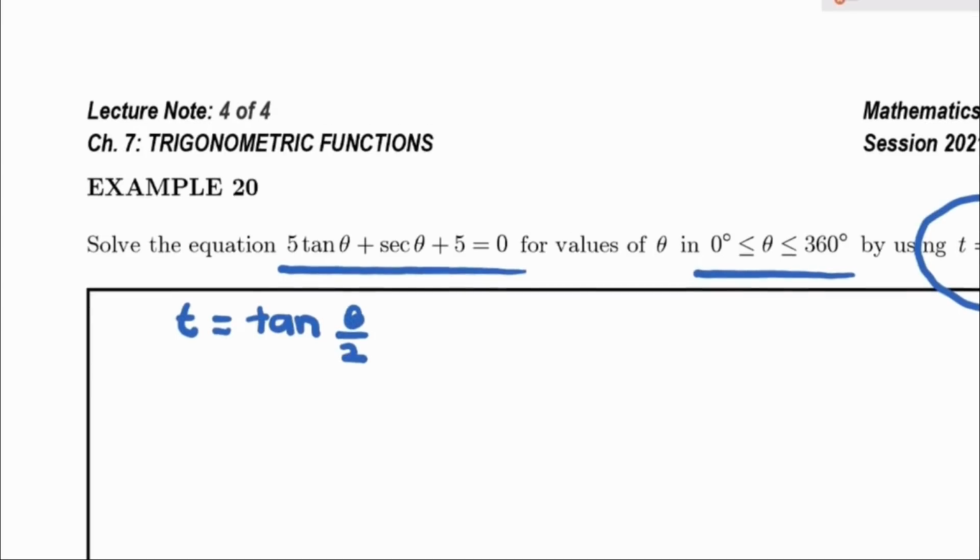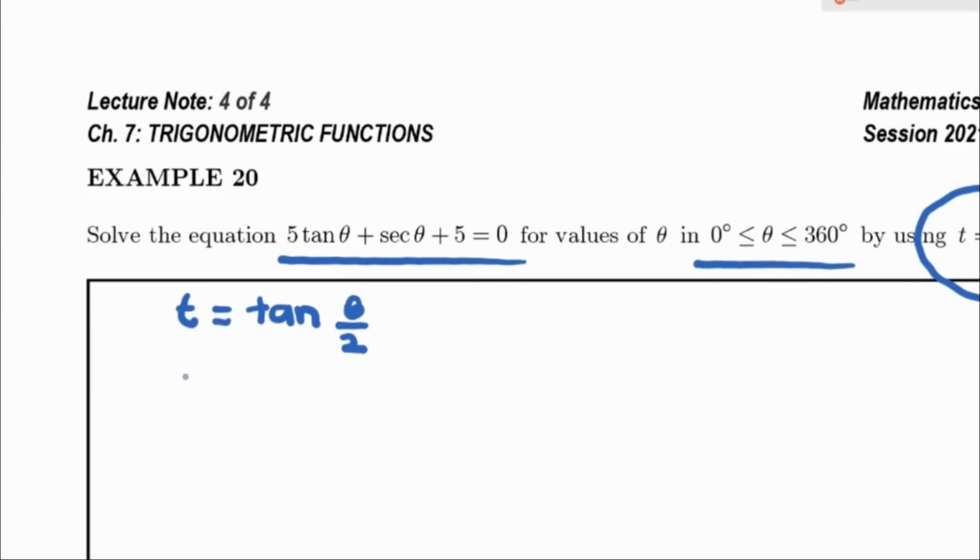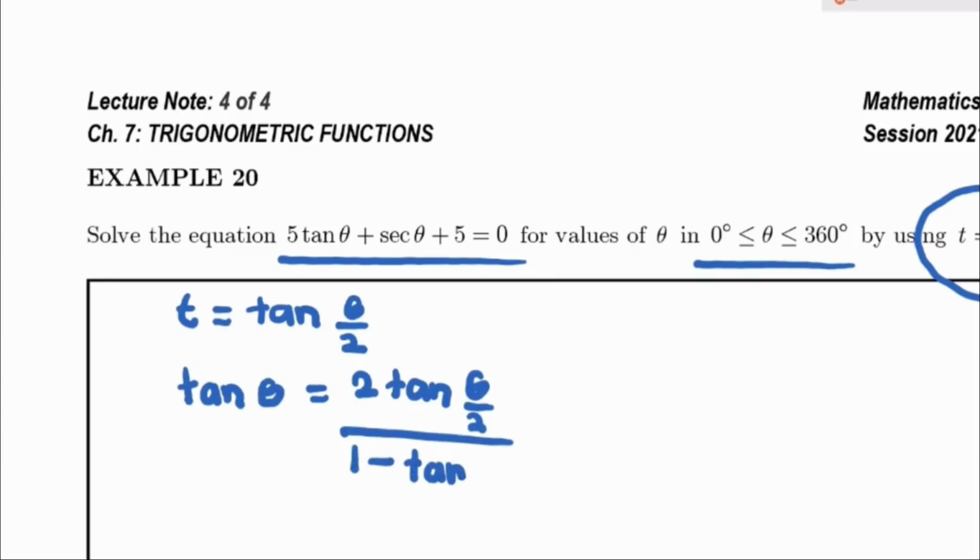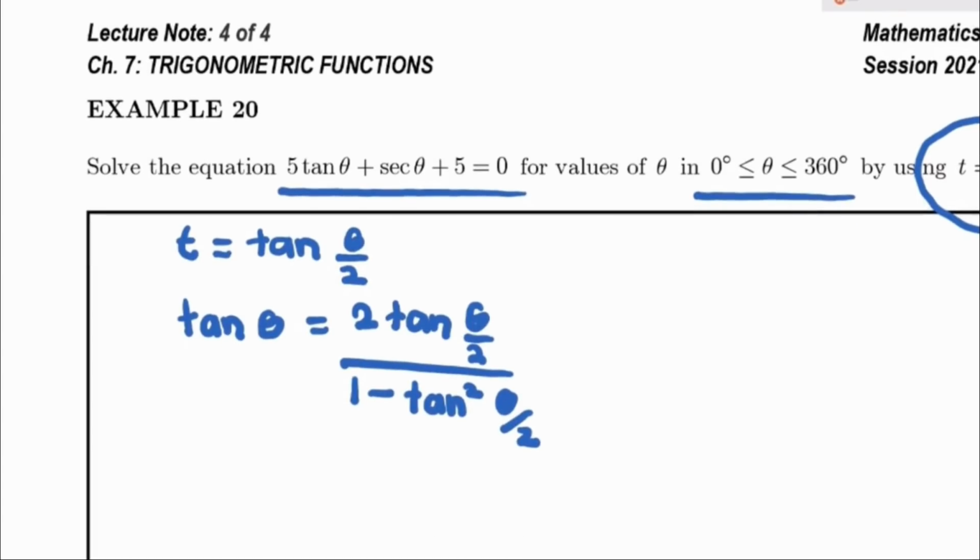Now you use the half angle formula: tangent theta equals 2 tangent theta over 2 divided by 1 minus tangent square theta over 2. So we change in terms of t: 2t over 1 minus t square. This one is tangent theta.